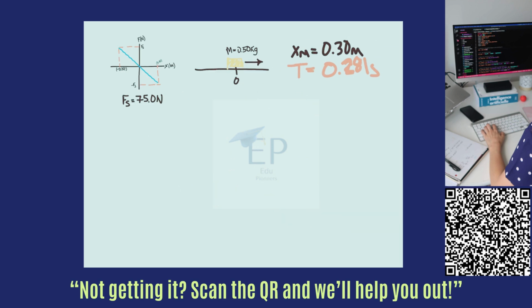Next, we're being asked to figure out what is the acceleration of this block. So we're trying to find our acceleration here. And so we're going to use the equation acceleration equals omega squared times our amplitude.